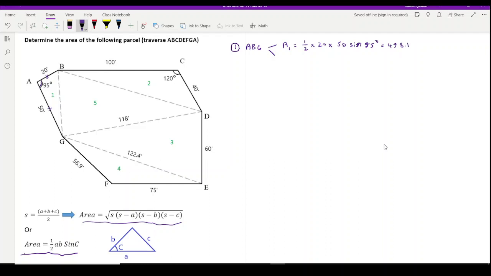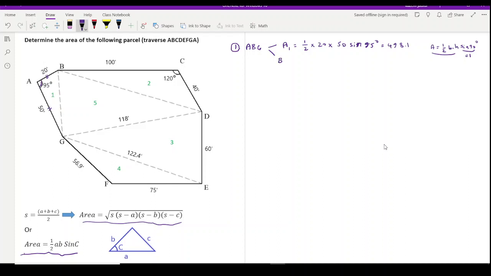By the way, you know that the famous area for a triangle is half of B times H, but the reality is there is a sine 90 degrees over there, and because sine 90 degrees is equal to 1, we don't see it, and what we see is just area equals half of B times H. So this equation is pretty much the main or source equation for that other equation that you use all the time.